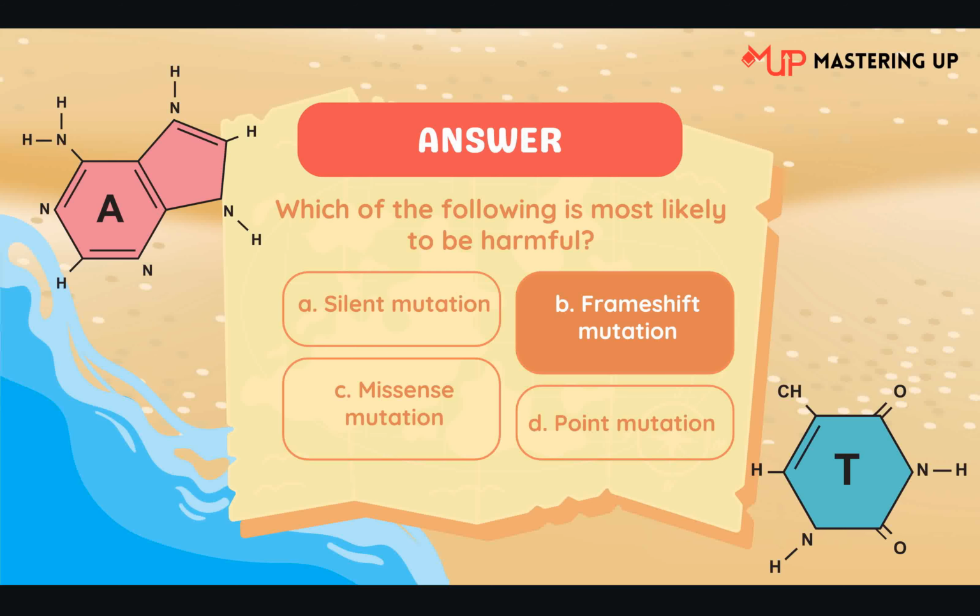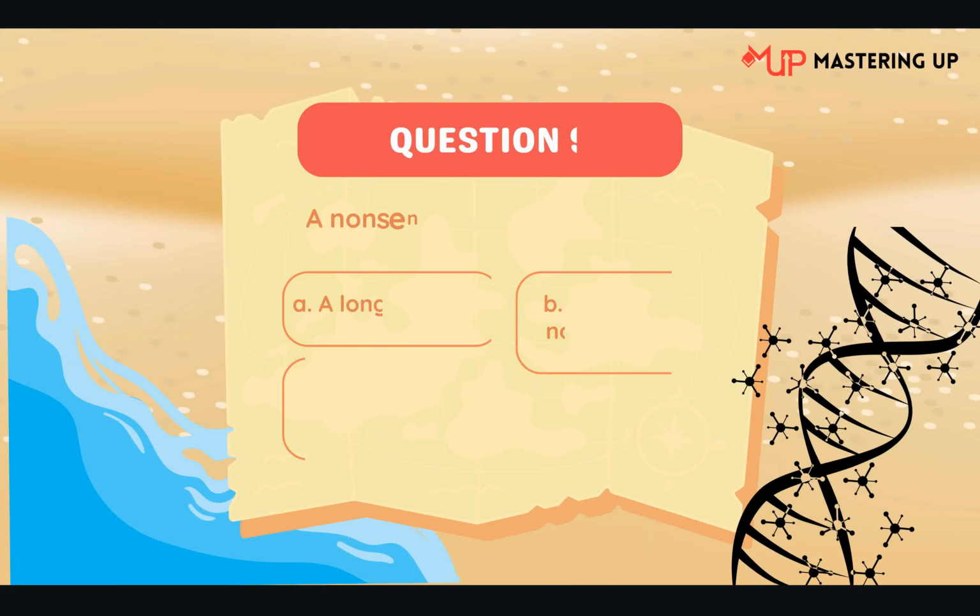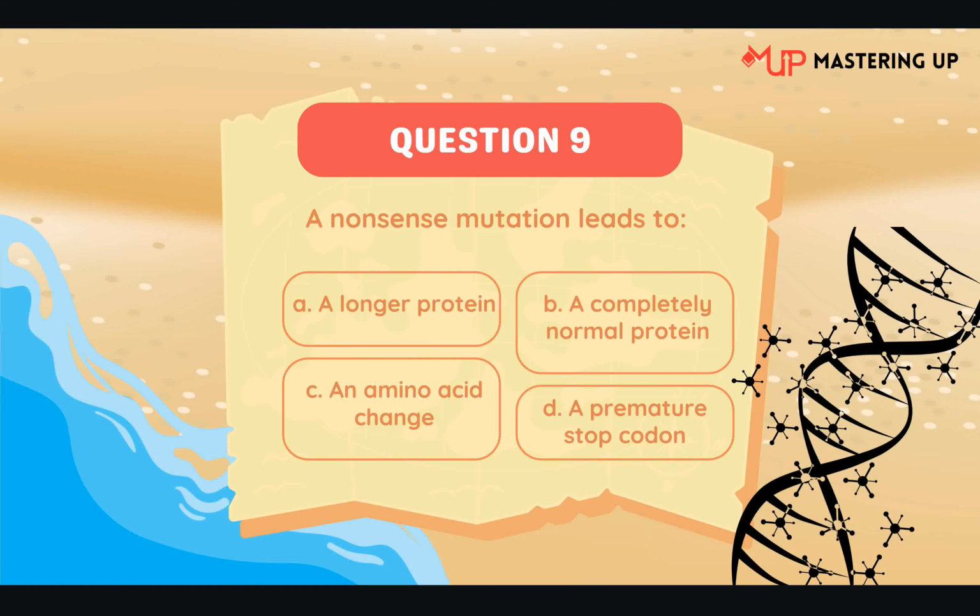Now let's move on to question number 9. A nonsense mutation leads to what? Option A, a longer protein. Option B, a completely normal protein. Option C, an amino acid change. And option D, a premature stop codon.